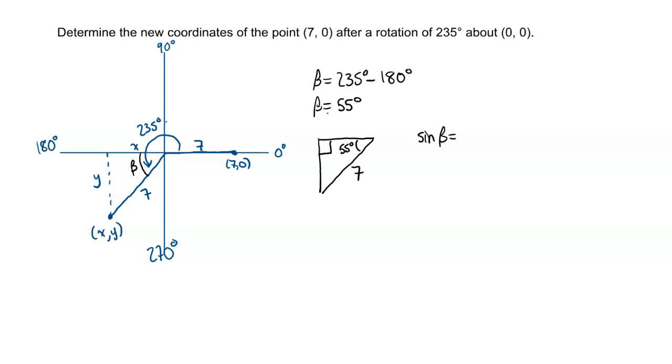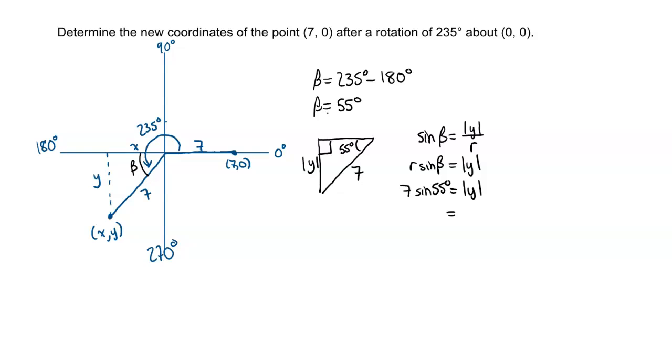Now, sine of that angle, the related acute angle beta, is going to be equal to the opposite side, the y coordinate, and we're going to focus in on the magnitude of the y, so just the value. We're not going to worry about the negative part right now, divided by the hypotenuse, and the hypotenuse is r. So we rearrange this by multiplying both sides by r, and we can sub those numbers in. We have 7 as the r value and 55 as the beta value.